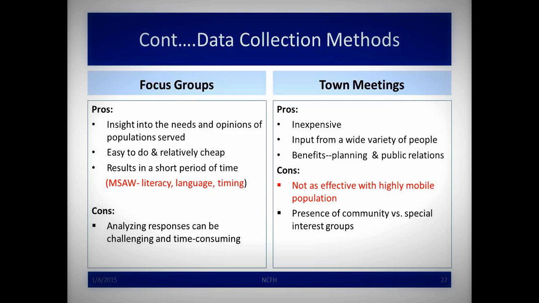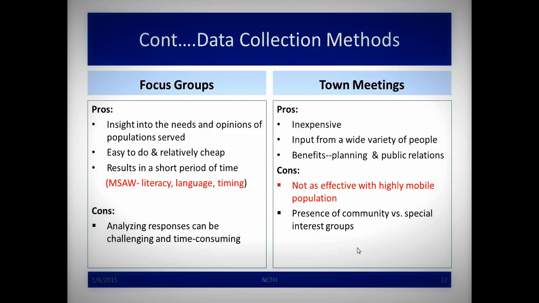You can have one group do a focus group in Spanish, another in Tagalog, or perhaps Mixteco or Zapoteco. So you can more easily tailor the questions to a small group. The downside is that analyzing the responses can be challenging and time-consuming.